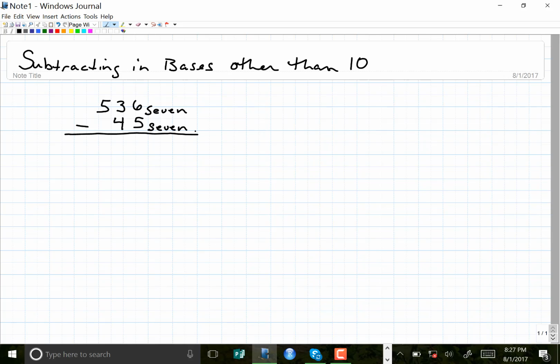Alright, so just like when we're adding and subtracting in base 10, sometimes we need to borrow when we subtract, and when we add, we saw that sometimes we need to carry. Here we have 6 minus 5, so we don't have to borrow.